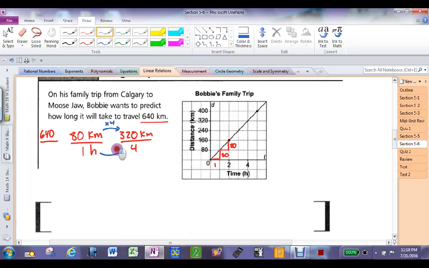What do I do to get from 320 to 640? Times 2. So what do I do here? Times 2 to get 8. Why are we able to do that here? What property of this relationship allows us to continue this? Dylan has already said it. He was joking about it, but he was right.